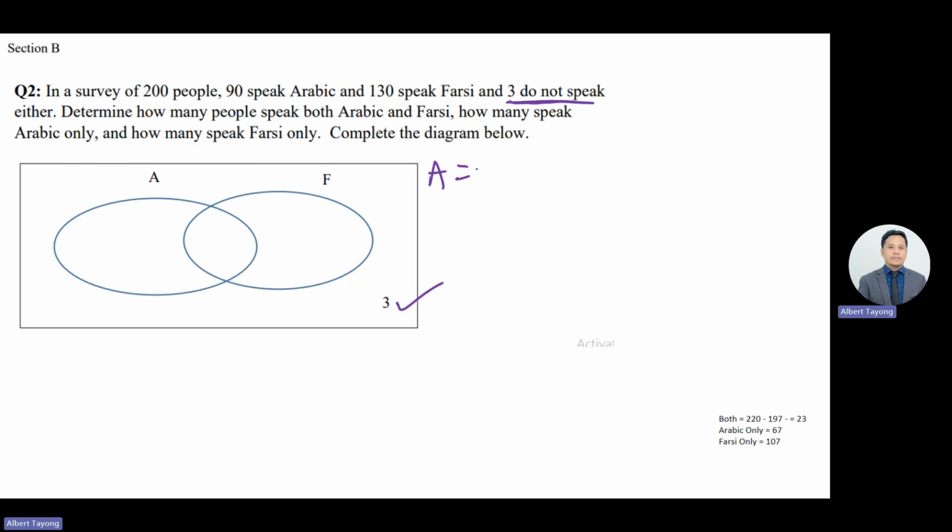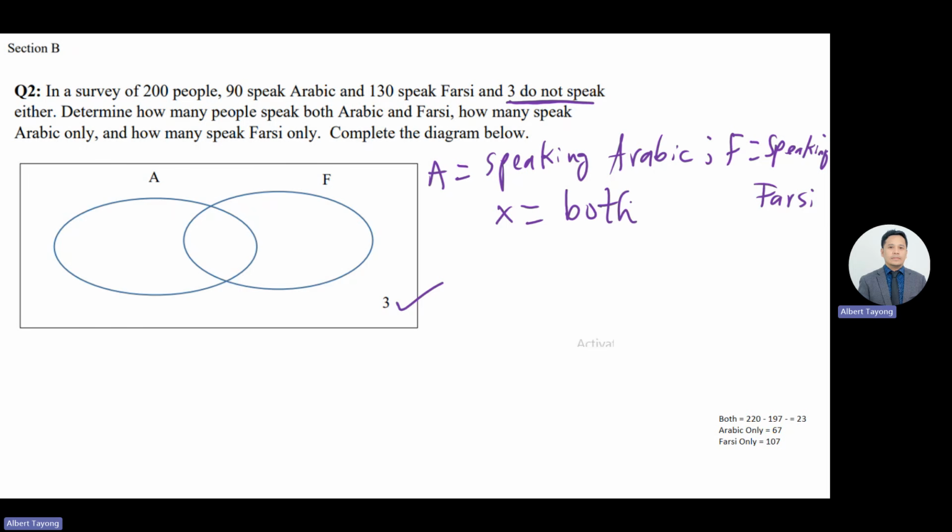Our A is people speaking Arabic, and our F, speaking Farsi, and we can use X as both. Okay, those people who both speak Arabic and Farsi.